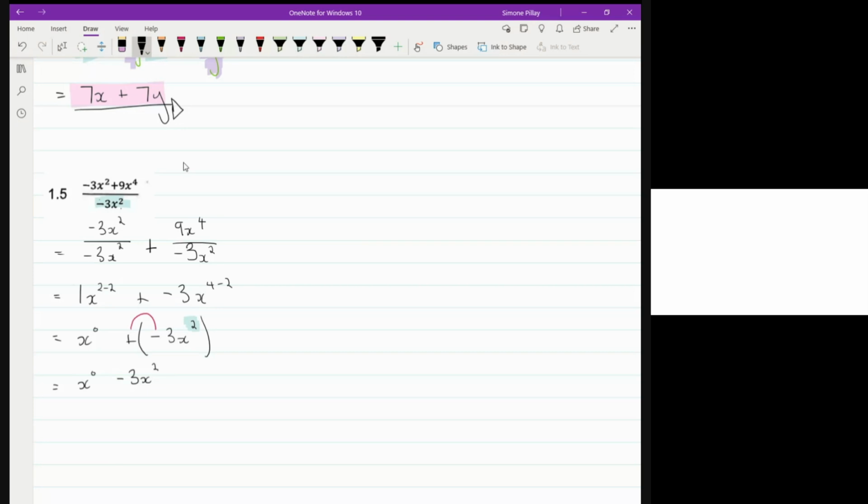Okay, so let me explain what is happening. This is one term by itself. So you are 100% correct. Anything to the power of 0 is going to be 1. Okay? But this term is equal to 1.